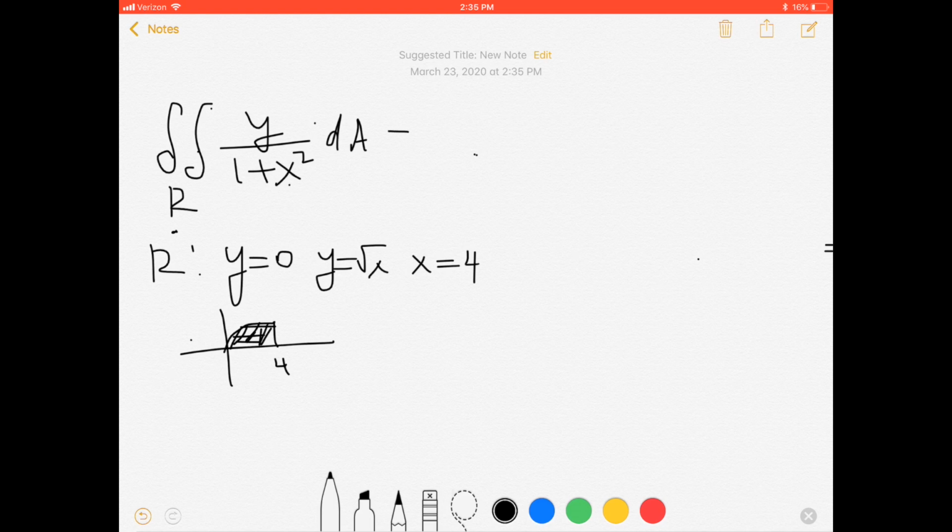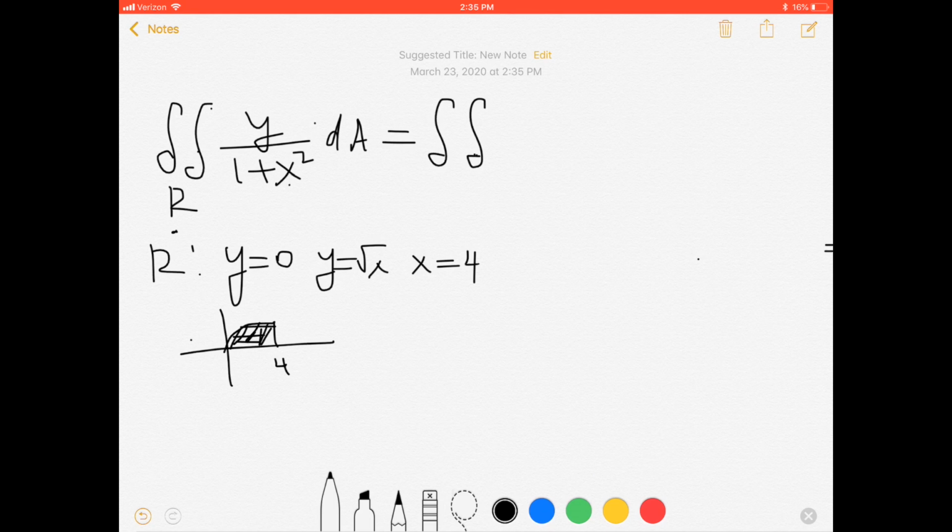If I'm looking for some function, what order do I need here? If I first write dy dx, this is how y is changing. Y is changing from 0 to square root of x, and x changes from 0 to 4.